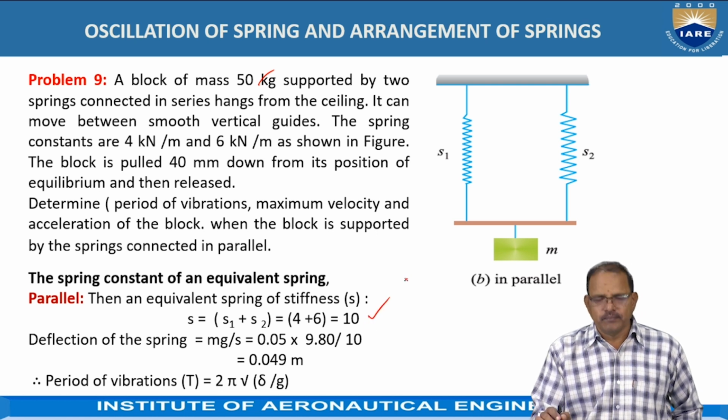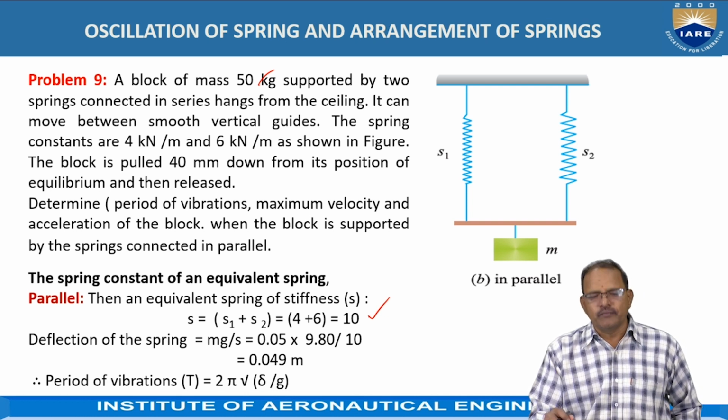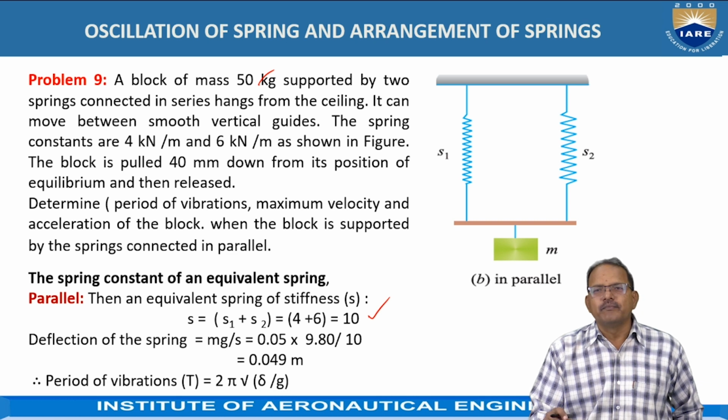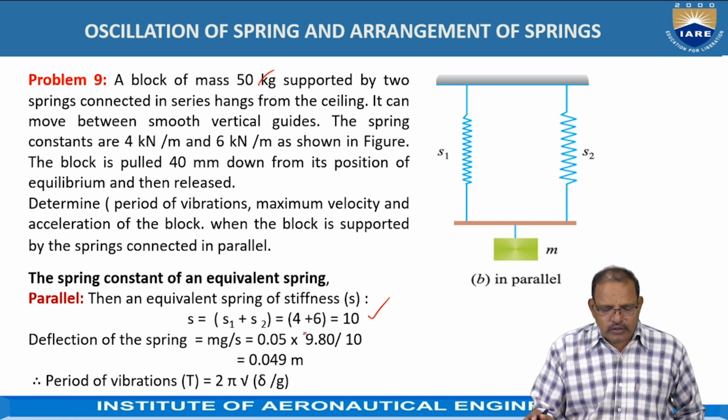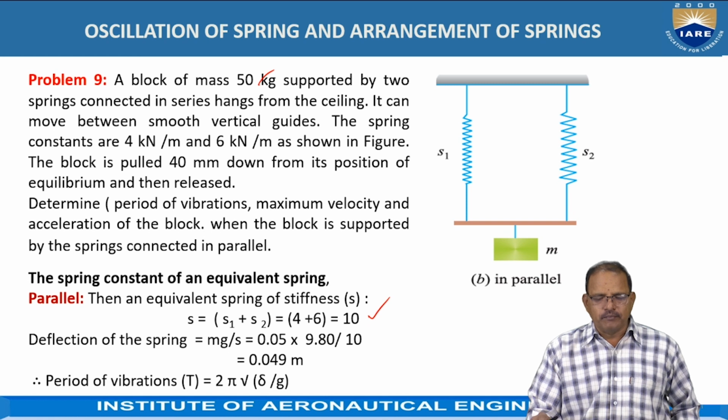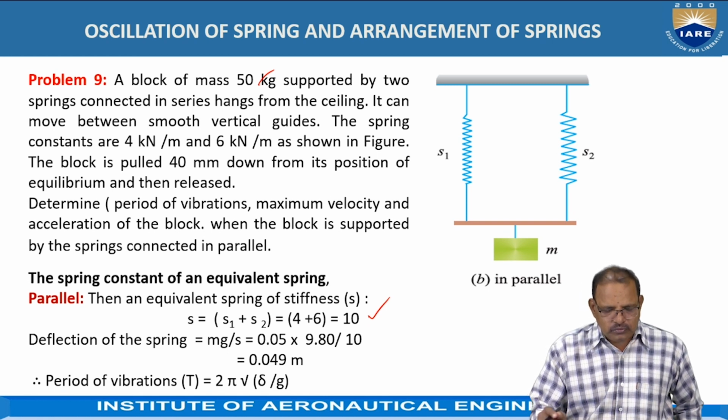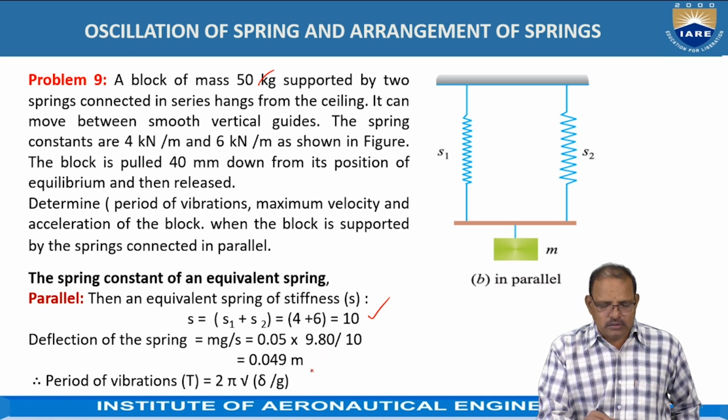The deflection of the spring is the ratio of the weight suspended to the spring constant, mg by S, which is 0.05 multiplied by 9.80 divided by 10. From this relation we get 0.049 meters.